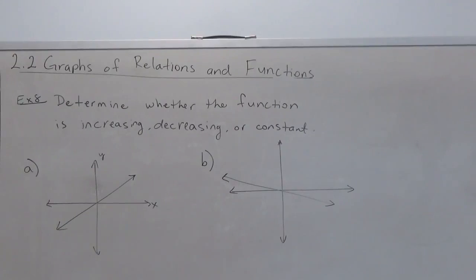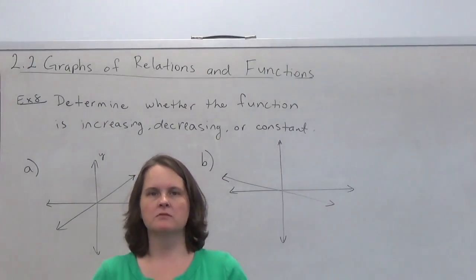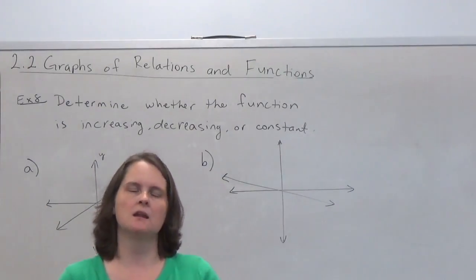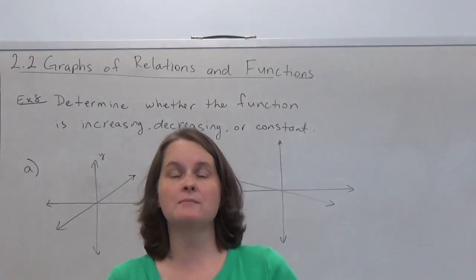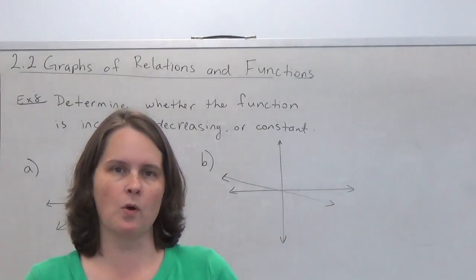We're asked to determine whether our function is increasing, decreasing, or constant. What is that? I'm sorry, the camera has changed and now you can only see my head. What that means is as x increases, what's happening with y?